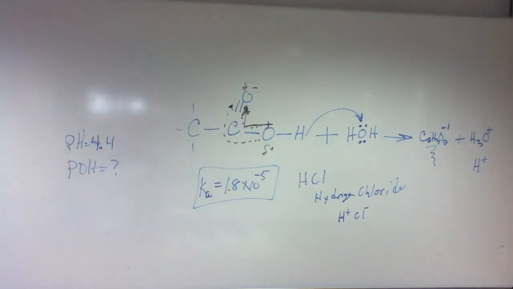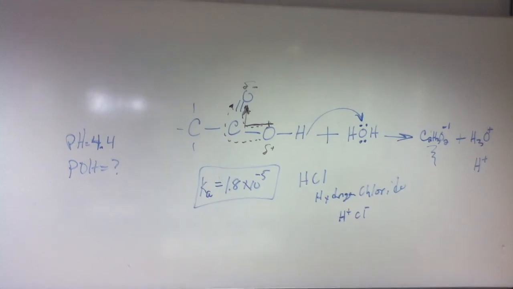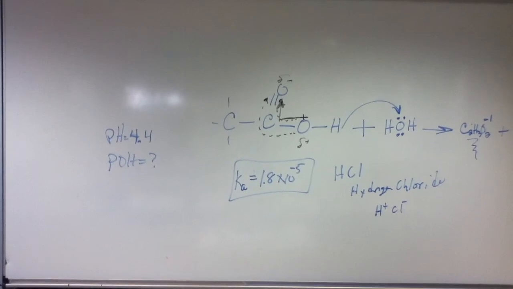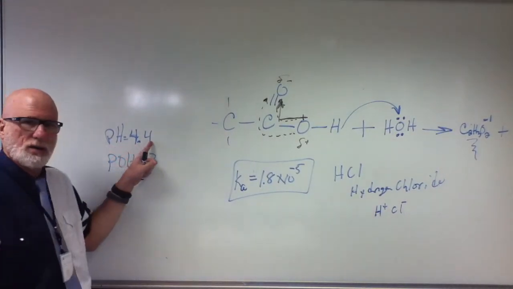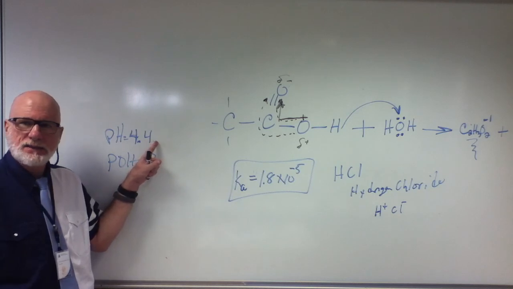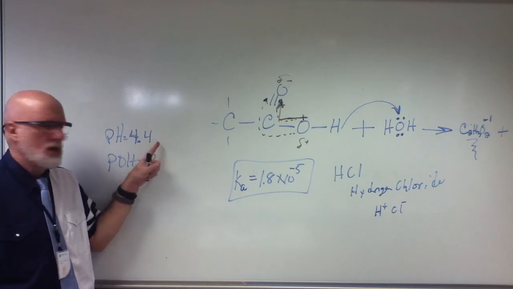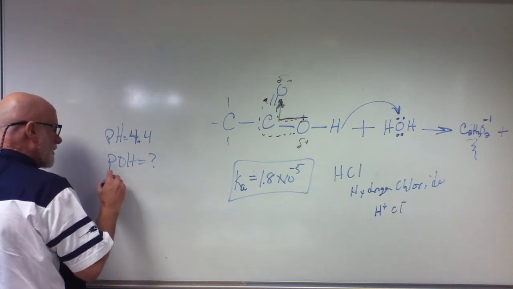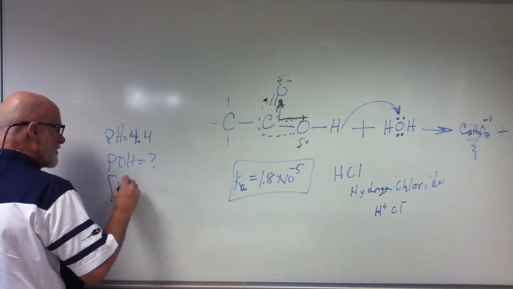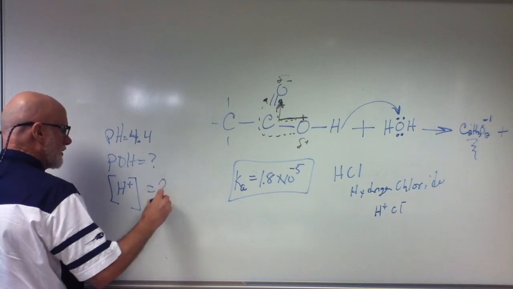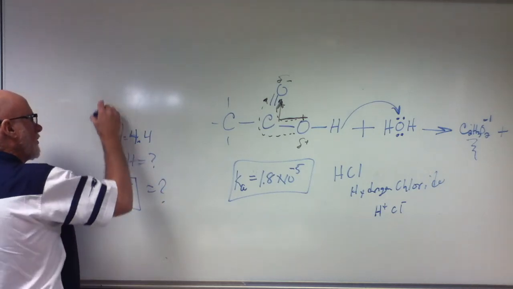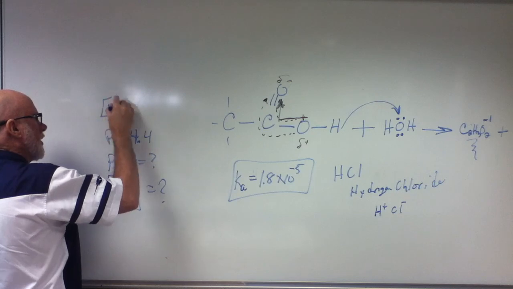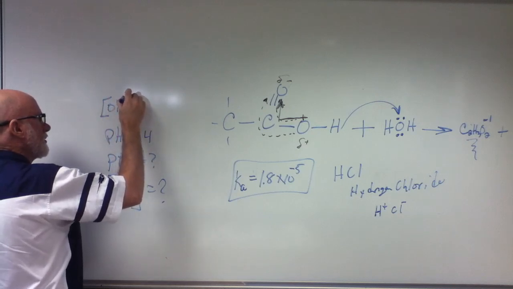So I'm going to give you a pH of 4.4. Yes? You get that? I want to know what the pOH is. I want to know what the H ion concentration is. And I want to know what the OH concentration is.